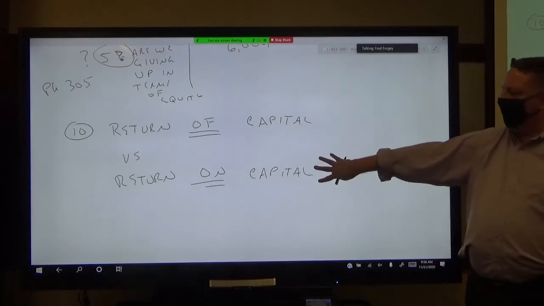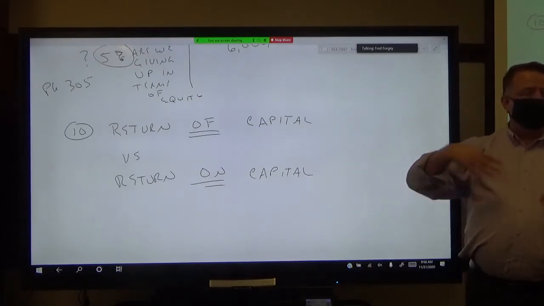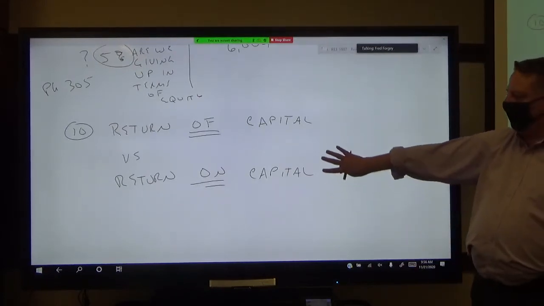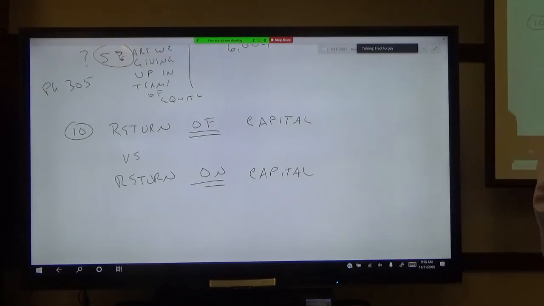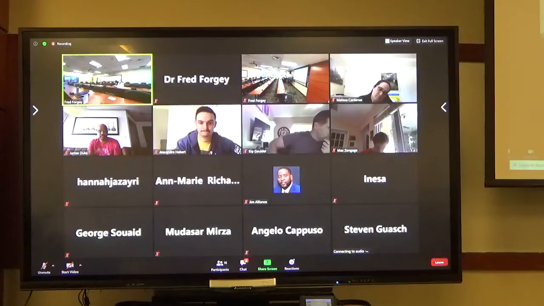But if we look at it as keeping that money invested in the project, and at the end we're going to maybe sell the project, while we have that money invested, each year we're really getting a 10% rate of return, or return on capital of 10% each year, and then ultimately when we sell it, we get our return of capital in the form of a reversion. And that's it.